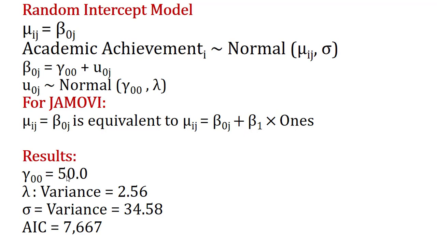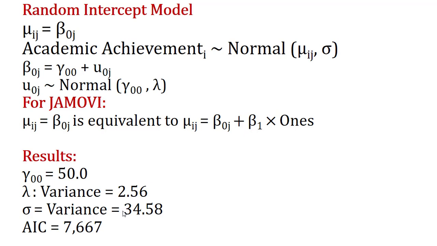So that's why you are going to see that this fixed effect in all the models will be very close to 50.5, which is the mean of the sample, but it's not going to be exactly 50.5. So that's the variance, 2.56 of lambda, and sigma 35.58, and this is the AIC.